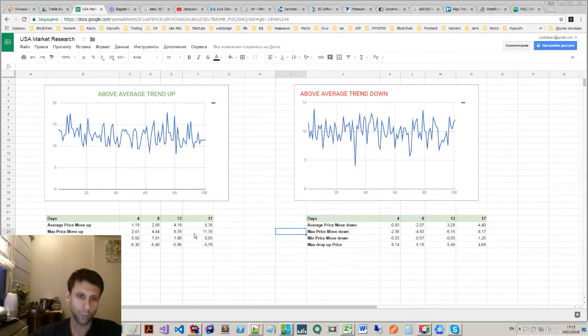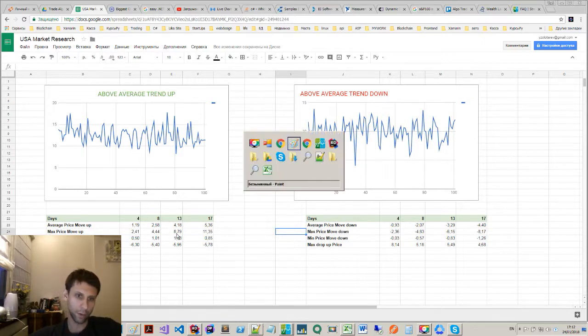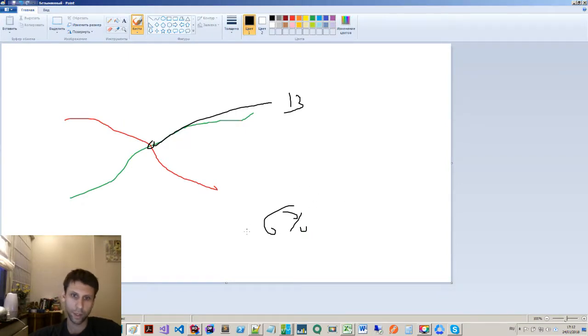But we don't want to exit at 13 bars every time. We also want to place a profit target at somewhere around 8%. So this is going to be our stop loss, and we're going to have a take profit at 8%. Let's make it green.